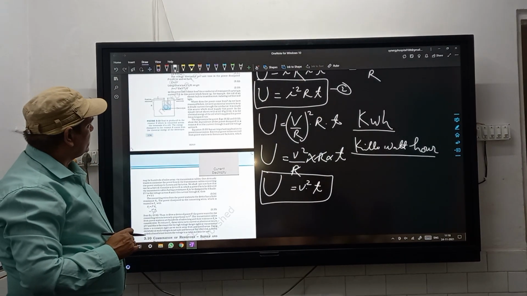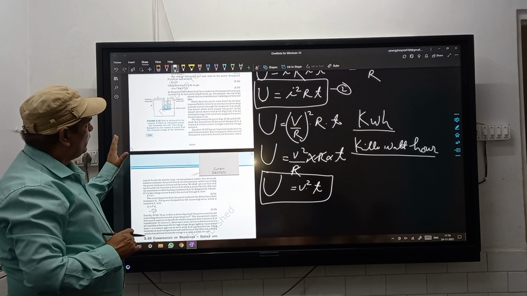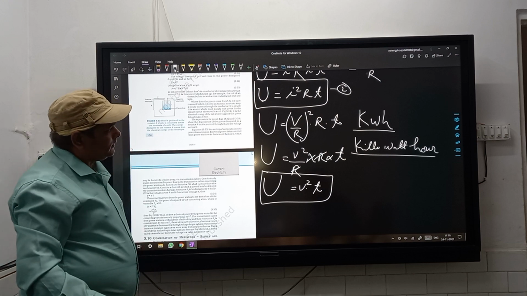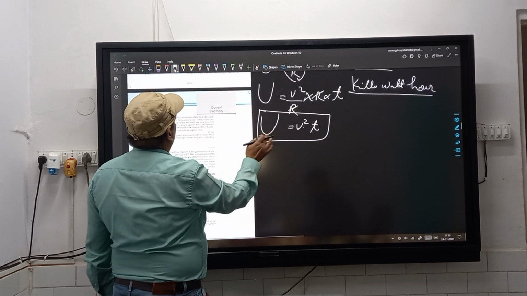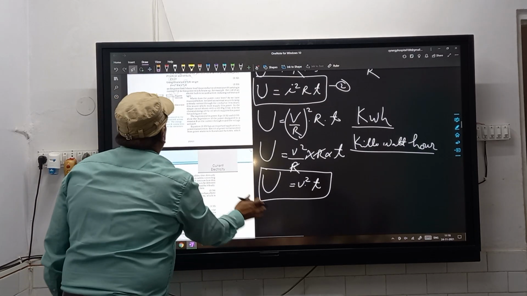As you know, in most of the cases, when energy is obtained, then another term comes out further.